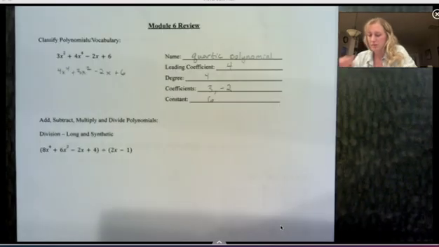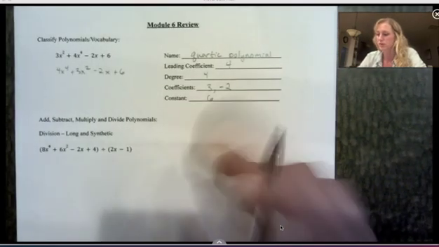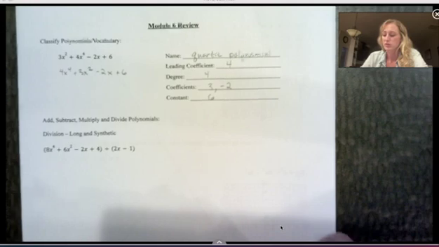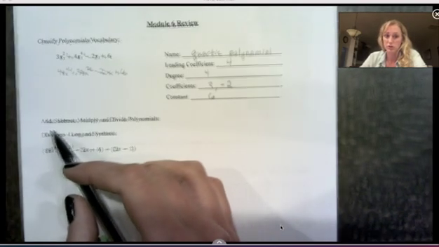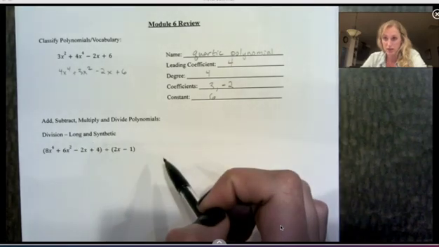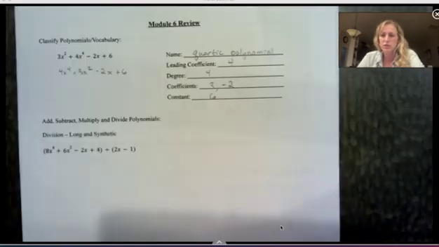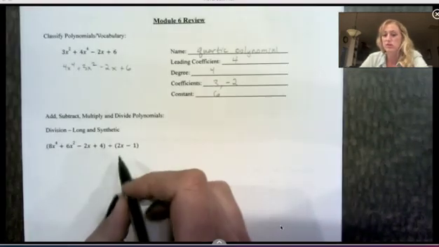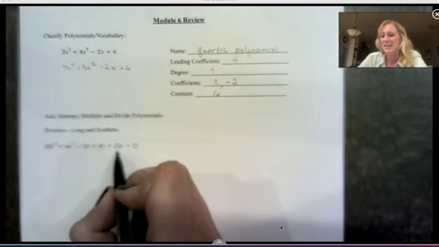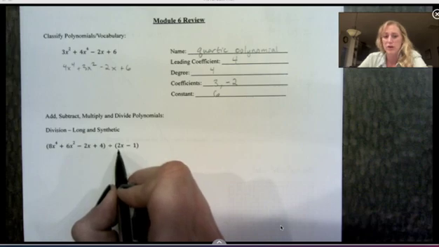Okay, then we did some operations with polynomials. So let's do long division here, but you also want to be sure you know how to add, subtract, and multiply. I'm going to do long division because we do a lot of synthetic when we are finding zeros, so we're going to practice long division. Also, I can't really use synthetic here because my coefficient on my divisor is not 1.